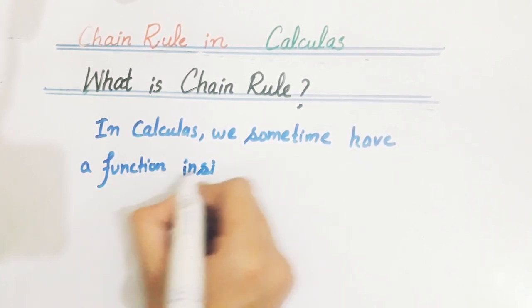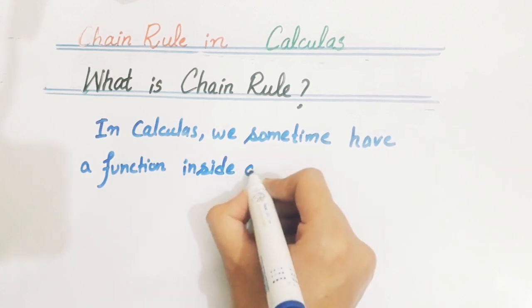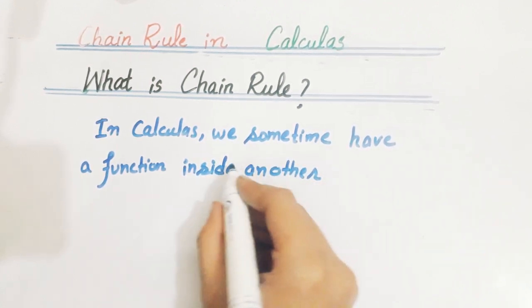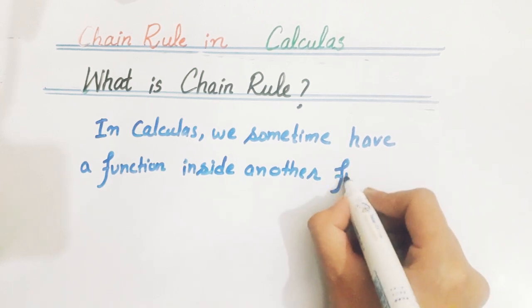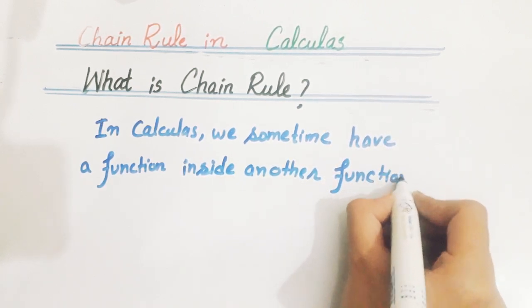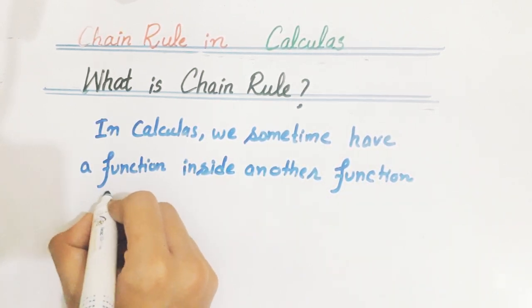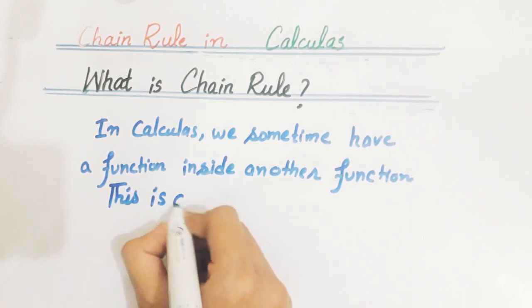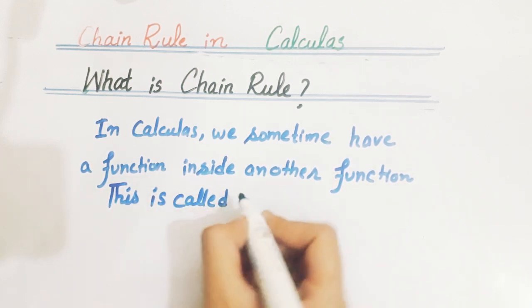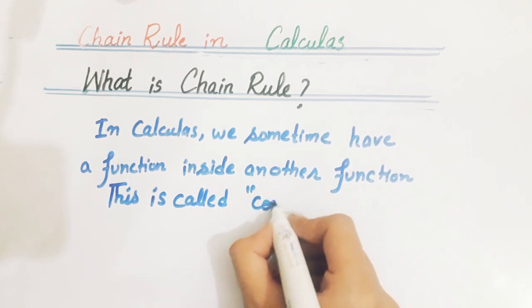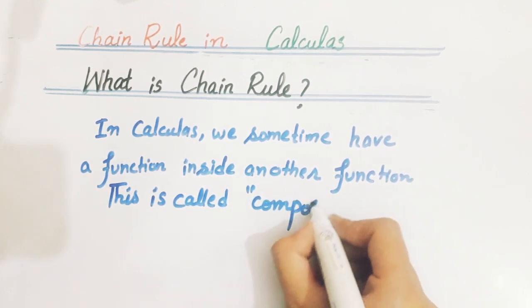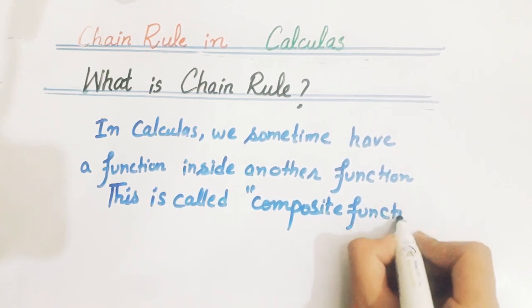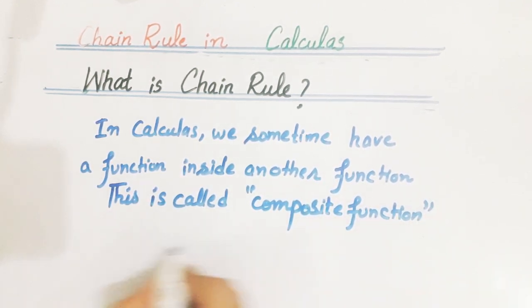A function inside another function, and this is called a composite function. So, to solve a composite function, we apply the chain rule.